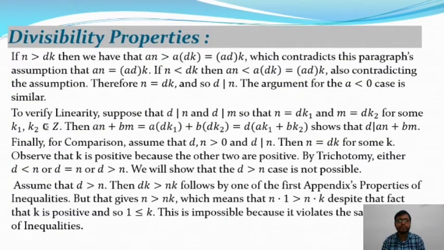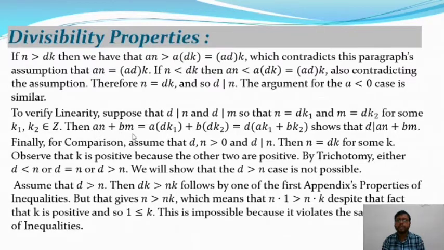So here is the proof of the linearity property. To verify the linearity, suppose that d divides n and d divides m. From the definition of divisibility, d divides n can be written as n is equal to d times k1, and d divides m can be written as m is equal to d times k2, for some k1, k2 belonging to Z, the set of integers.